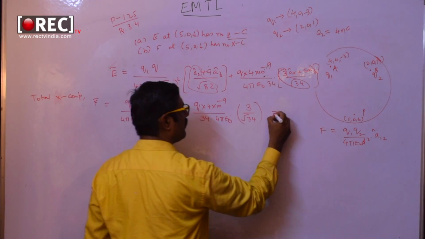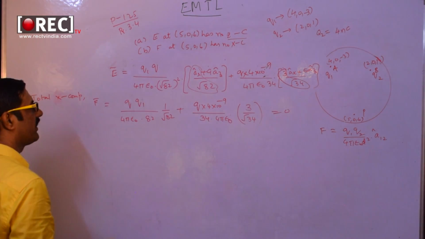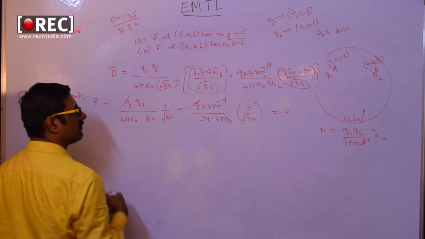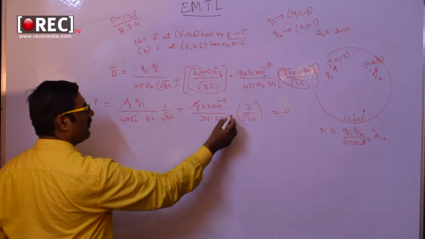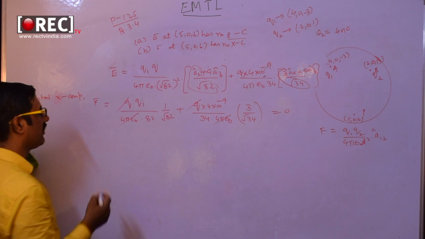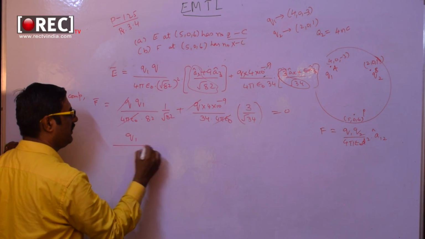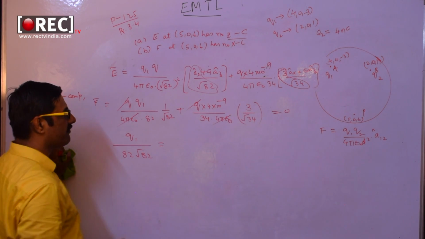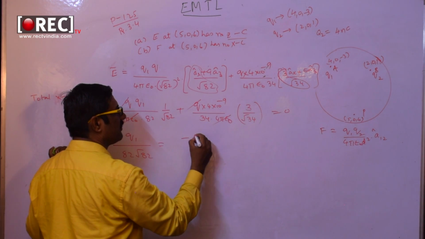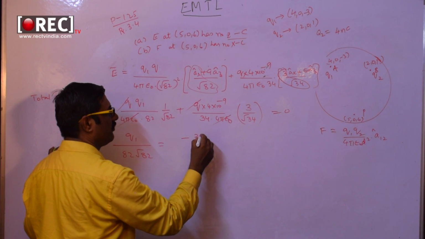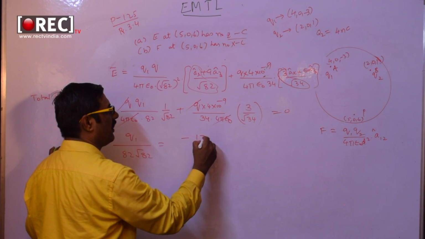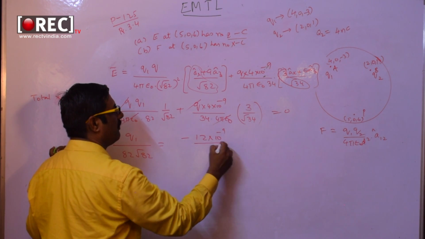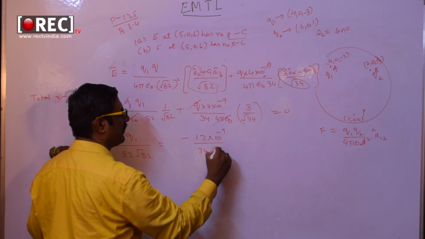That should be equal to 0. So I can cancel away Q, and I can also cancel away 4 pi epsilon naught. What are we remaining with now? Q1 by 82 root 82 is equal to minus 3 into 4 is 12, so minus 12 into 10 power minus 9 by 34 root 34.